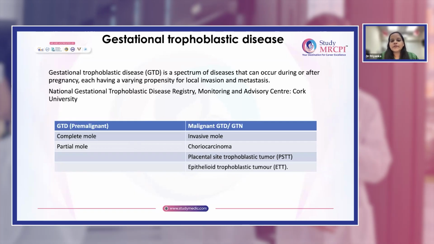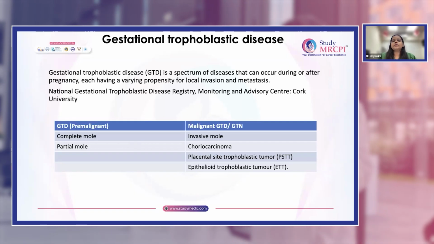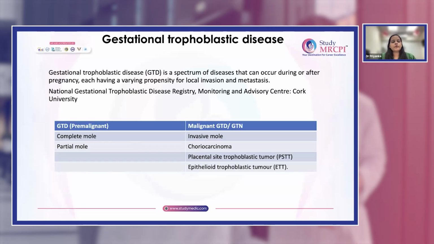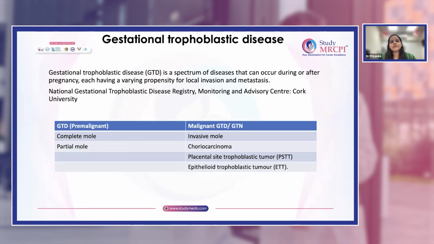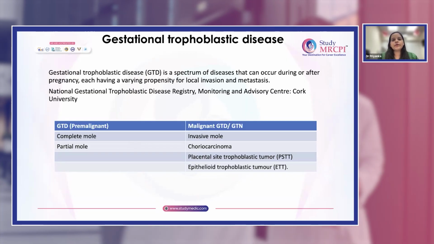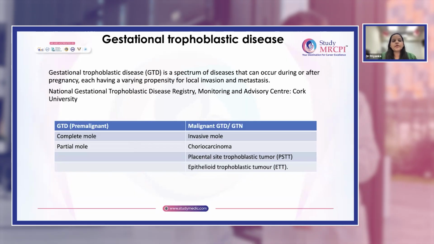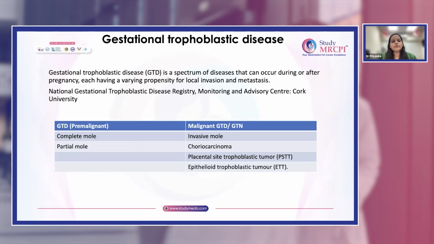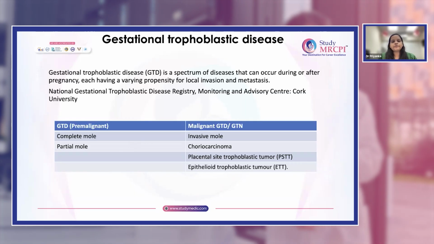Knowing which type of molar pregnancy it is is very important, because the management for both is surgical, evacuation of the retained products of conception. But the follow-up is different for a complete mole and a partial mole.